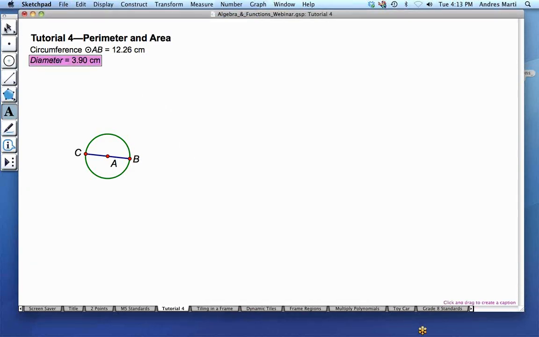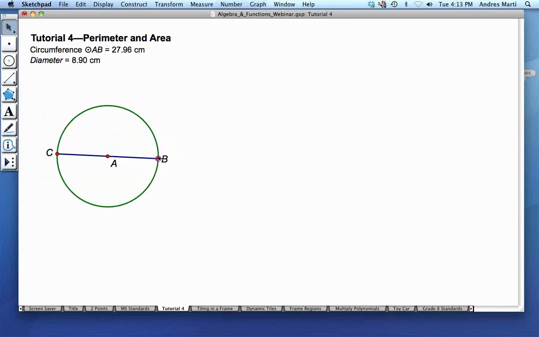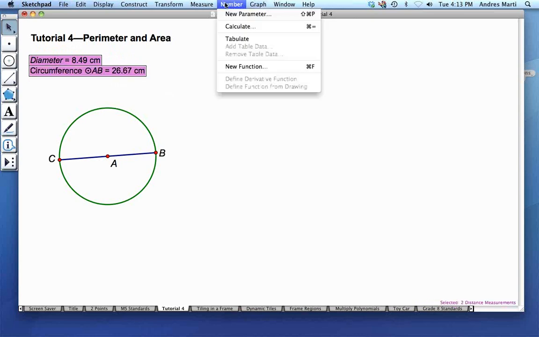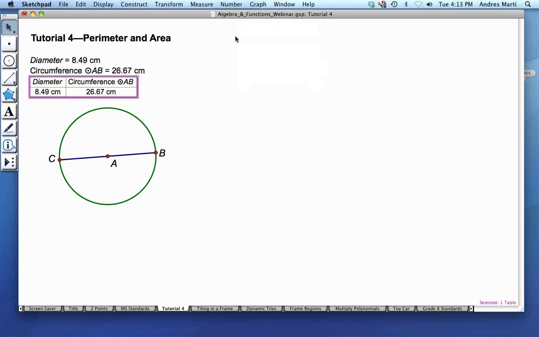And now I notice that as I drag B around, both of these values are updating. And so I'm going to take them in this order, diameter and then circumference. I'm going to select both of these and go to number tabulate.